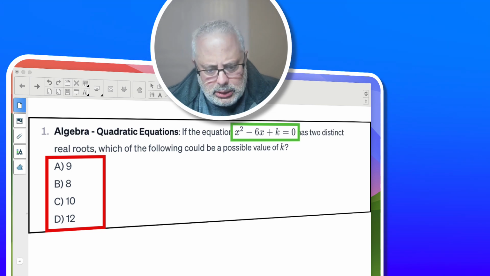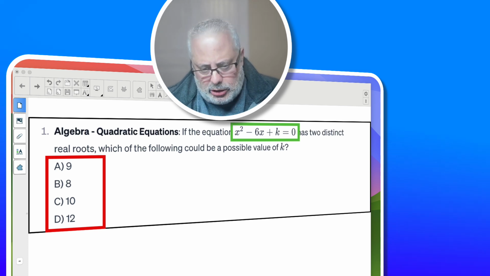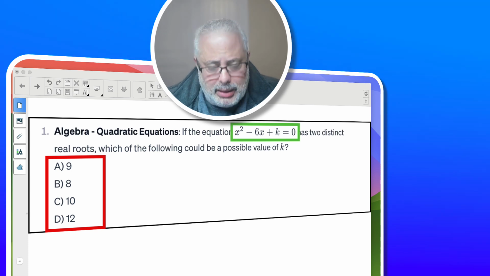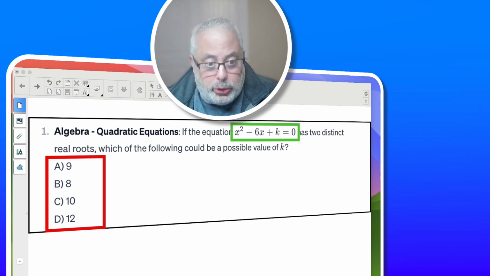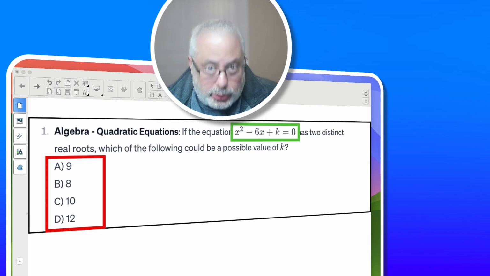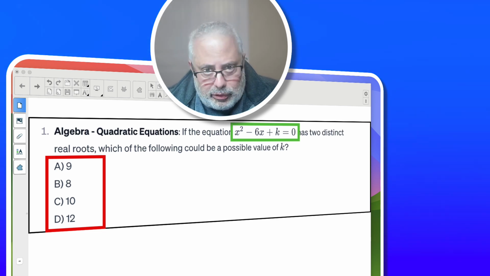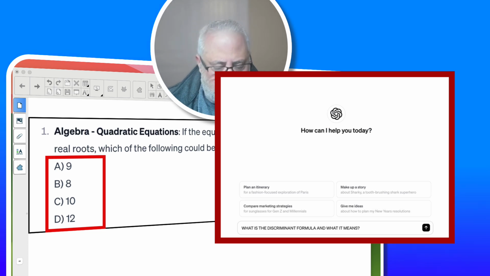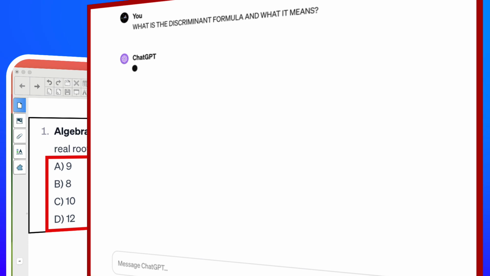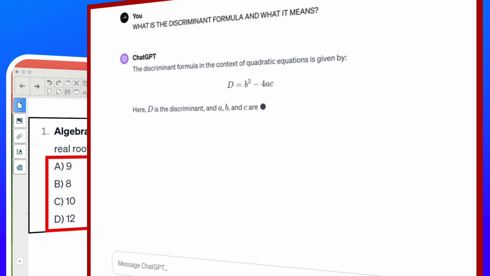But I know that I have an important formula in algebra, which I learned in Algebra 1, that tells you how many real roots the parabola has. I'm talking about the discriminant formula. When the discriminant is greater than 0, the parabola has two real roots, or the equation has two real solutions.